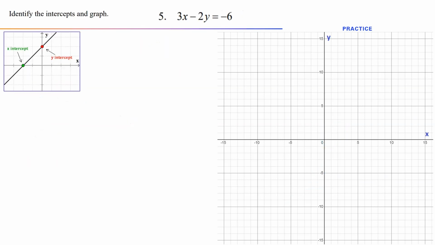Same for this one, but now we have to identify the intercepts and graph. To identify the intercepts, you have to find the x-intercept by finding the x when y equals 0. When y equals 0, you plug in y equals 0. Here 3x minus 2y equals negative 6 and the y value is 0.